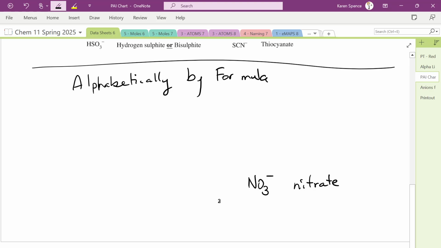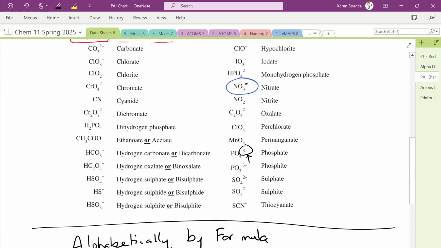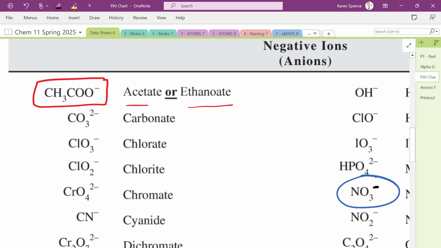Okay, so you'll notice on this sheet, what do most of the names end in? Just take a look through and tell your partner, what do most of the names end in?